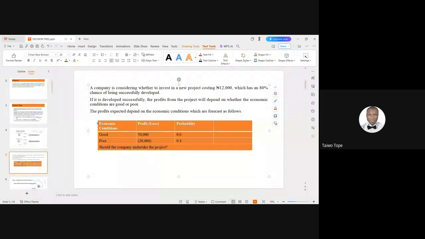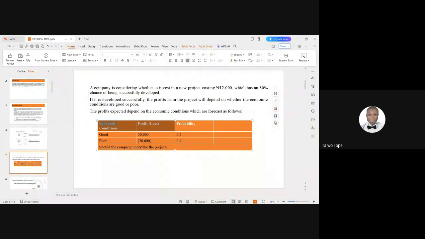Now, for this scenario to take place, it means you will have to develop the business. If you don't develop, this circumstance will not set in. This scenario will not come if you don't develop.